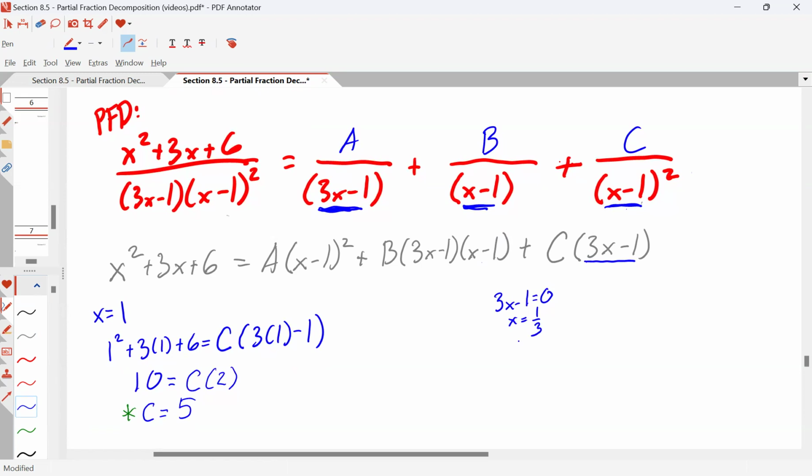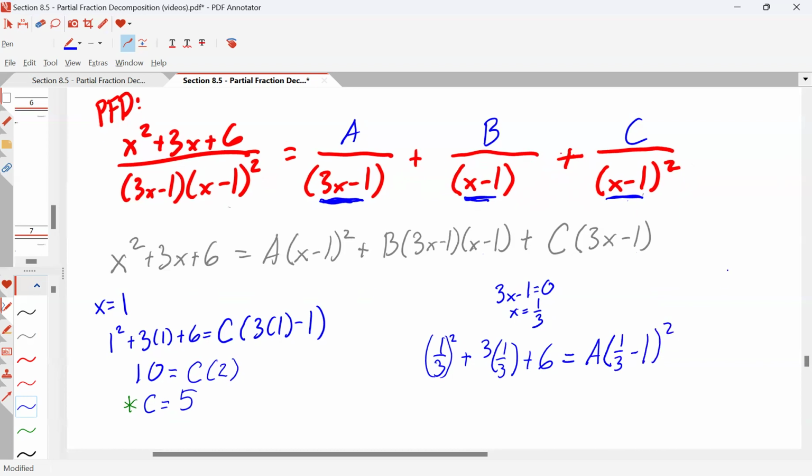When x equals 1/3, b will go away, and c will go away, meaning I am left with 1/3 squared plus 3 times 1/3 plus 6, which is going to be equal to a times 1/3 minus 1 squared.